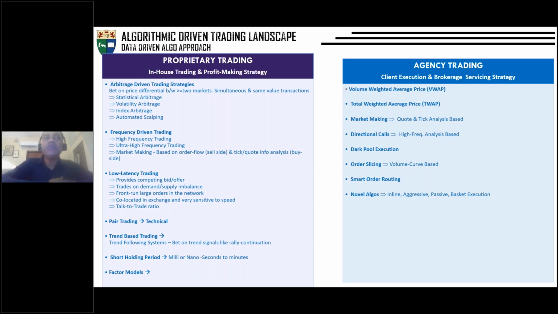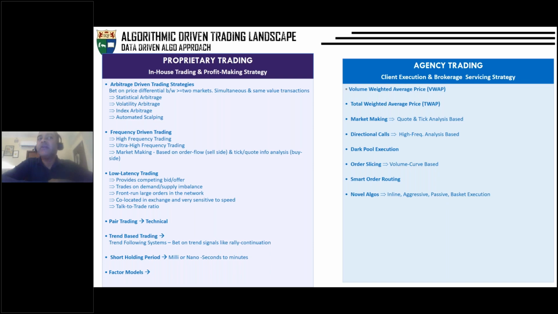Then frequency driven trading, high frequency driven, ultra high frequency driven, and some of the market making activities, right? Like order flow on the sell side, or maybe some kind of tick or quote information analysis on the buy side. So that kind of activity could be attributed to high frequency trading, right?